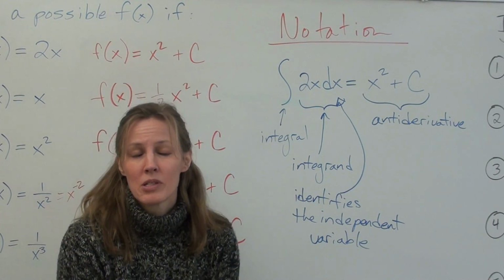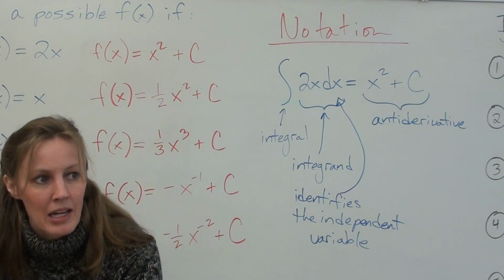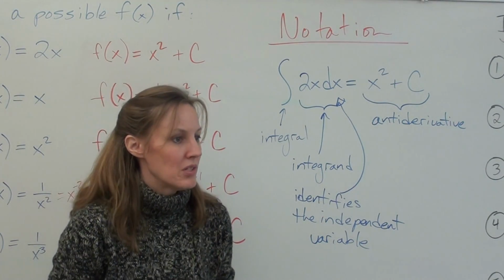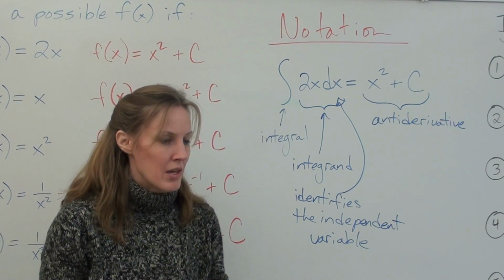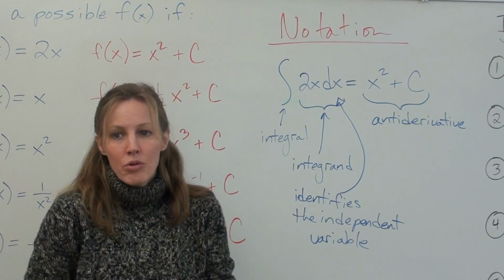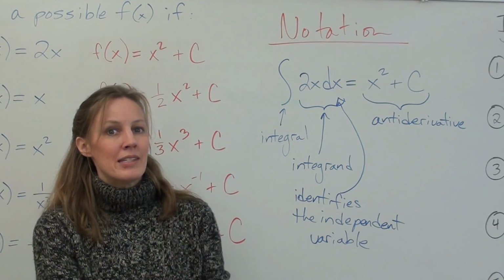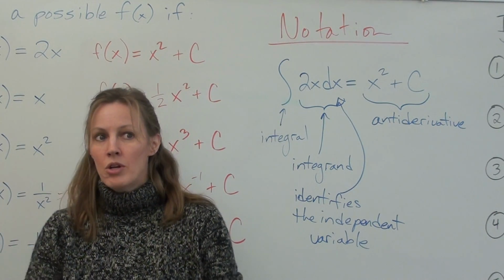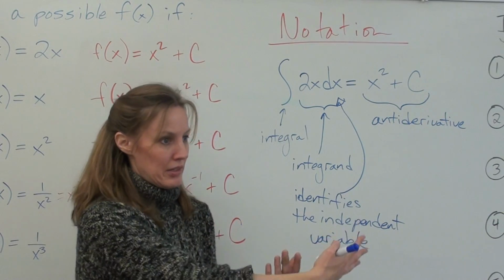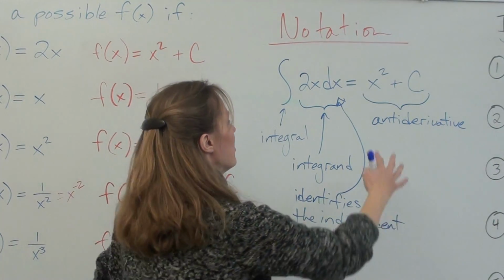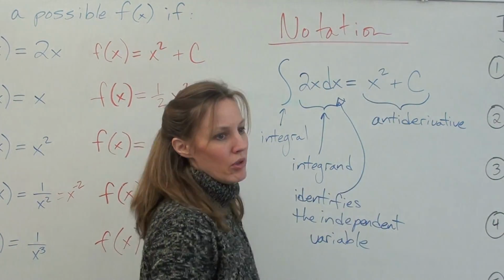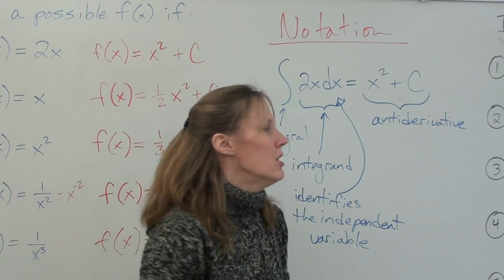And you'll hear people say, find the antiderivative of this function and find the integral of this function, and they mean the same thing. When we get into definite integrals, an antiderivative is in no way a definite integral, but it gets used in the process. So the antiderivative is like the indefinite integral of a function. Okay, so there you go.